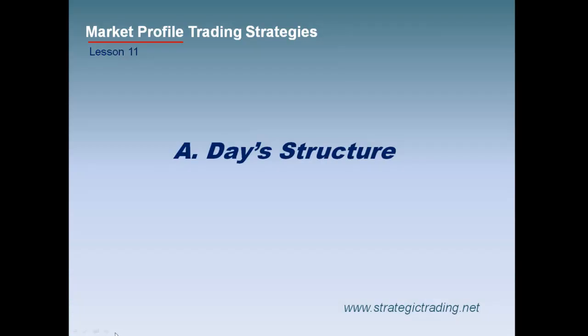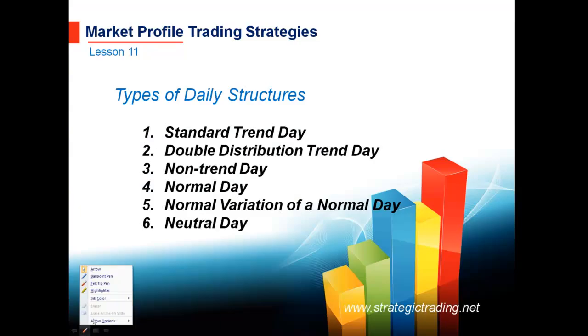All right, let's begin by taking a look at the day's structure. We've already begun to speak a little bit about the day's structure, and we've looked at a couple of different days. I'm going to review those with you once again. We've started by looking at a standard trend day, and we've looked at the double distribution trend day, and we've also looked at a non-trend day.